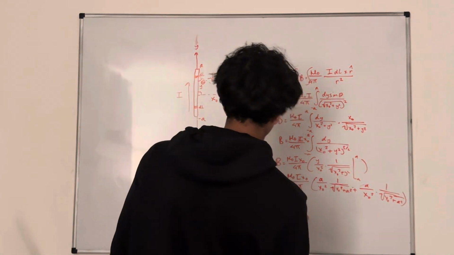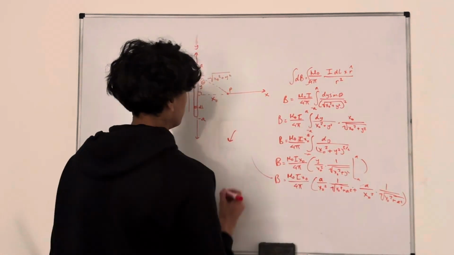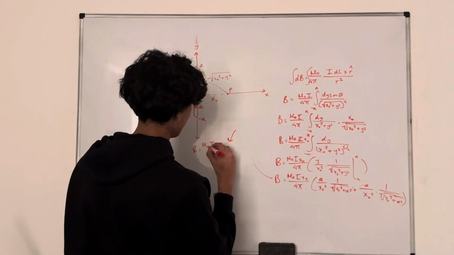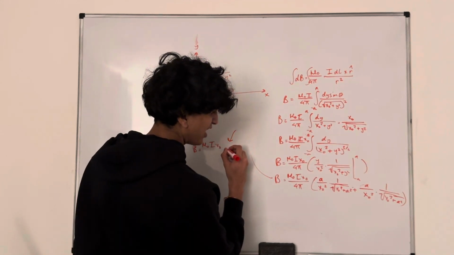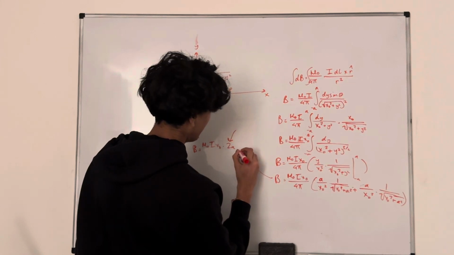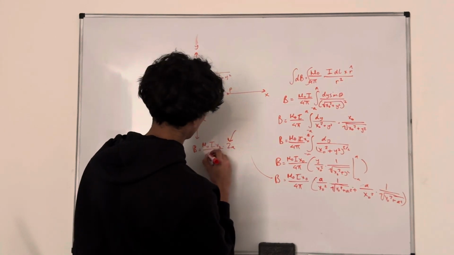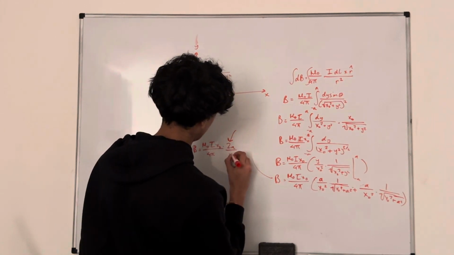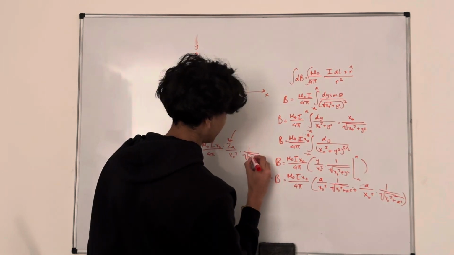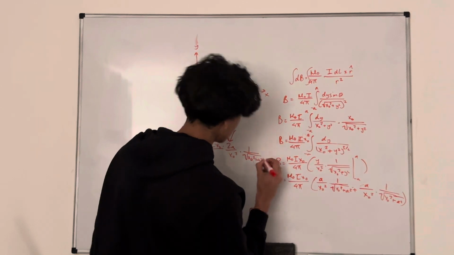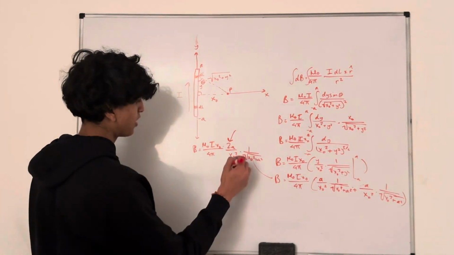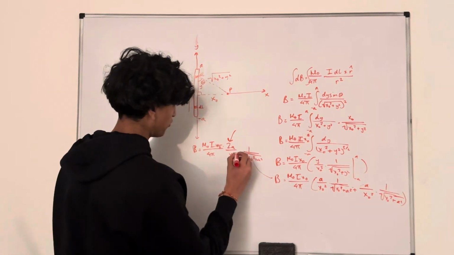So let's just move this over here. This would become B is equal to mu naught I x initial times 2a over 4 pi times x initial squared times 1 over the square root of x initial squared plus a squared. Okay, oh my god. X initial on top, x initial squared on bottom. I can get rid of one of those.